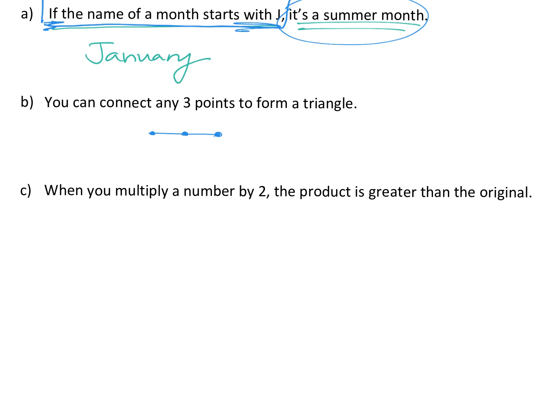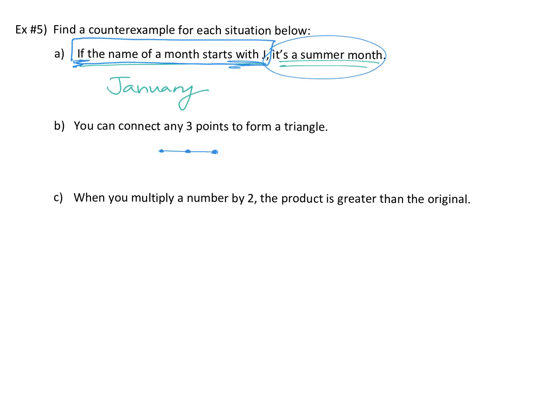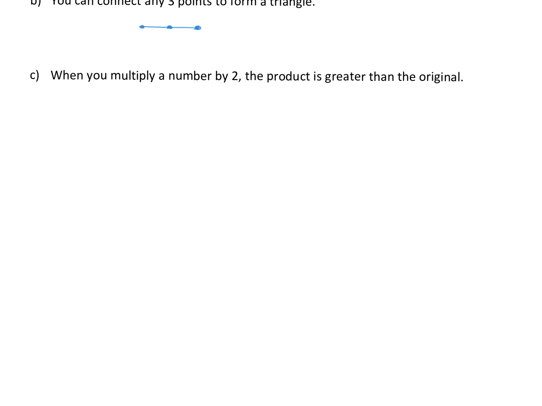Letter C, when you multiply a number by 2, the product is greater than the original. Tell your neighbor a counterexample to that. John Ross, what'd you come up with? Negative numbers. Okay, so a counterexample is specific.